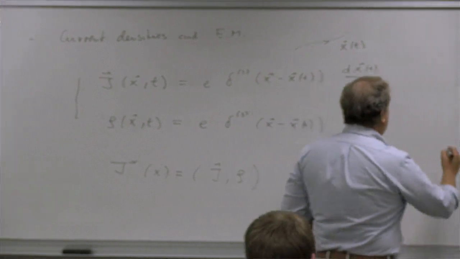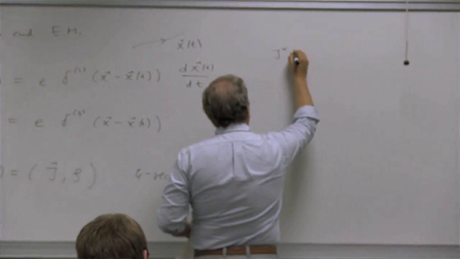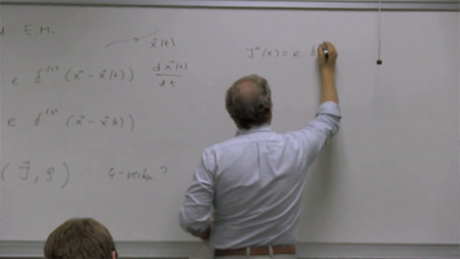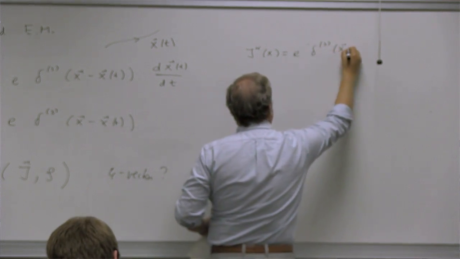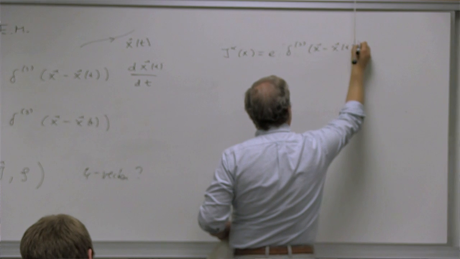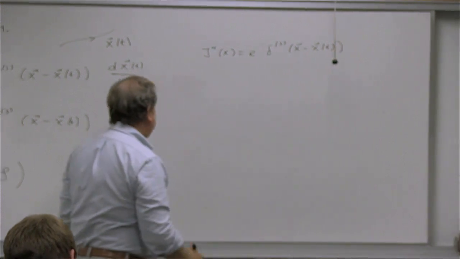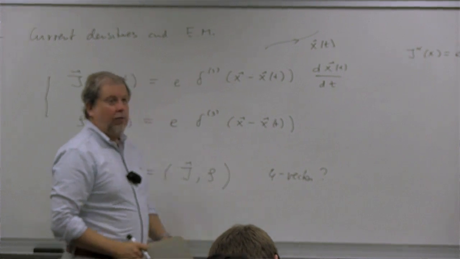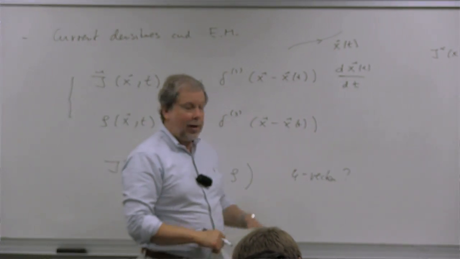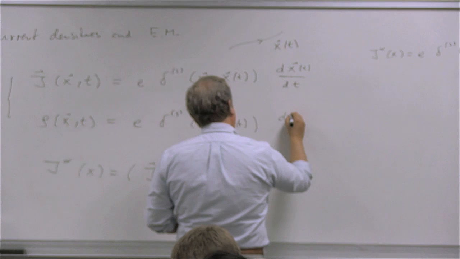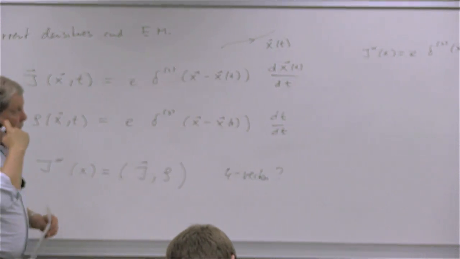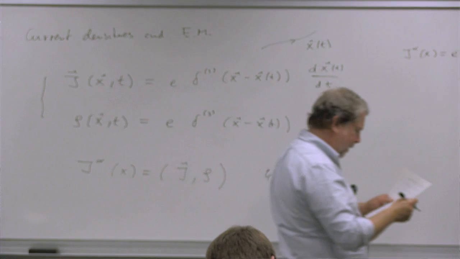So if we group them together, then we have that J alpha of x is equal to E times delta 3 of x minus x of t, and then times, well, we have dx i by dt, and for the fourth one, we can write this as dt by dt, obviously. And so it looks like we have dx alpha by dt.